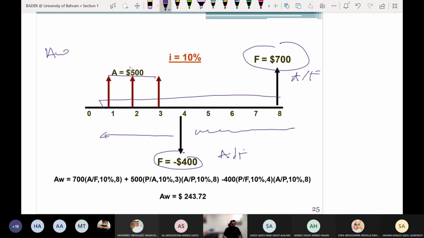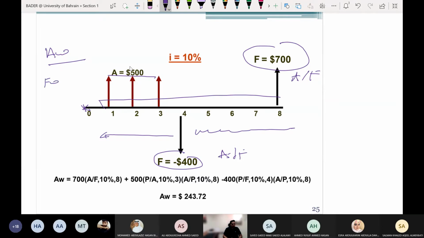So we said, how about collecting everything at year 0, which will be very easy, and then saying, what do you like? Would you like annual worth? Would you like future worth? It's all doable.